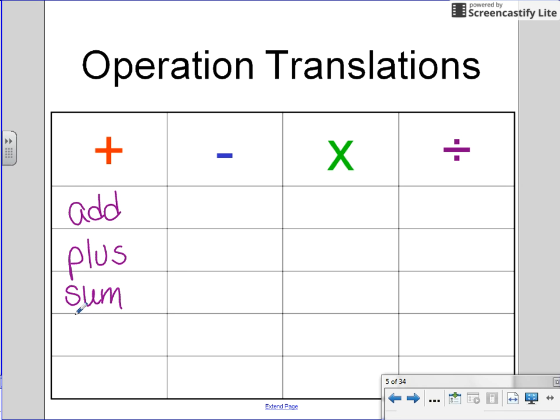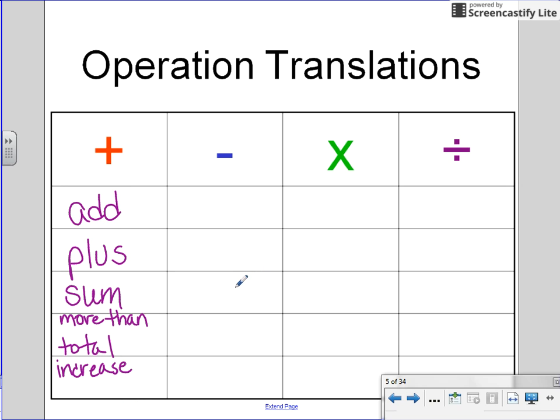So as you start thinking, you might think of phrases like more than, something like a total, increase, or to increase by. Let's see. Add, plus, sum, more than, total, increase. Get those ones written down for sure. And tomorrow when we go through this, we'll check and see if you came up with some other phrases that indicate the math operation of add.